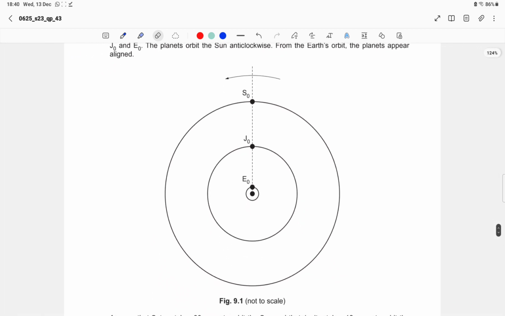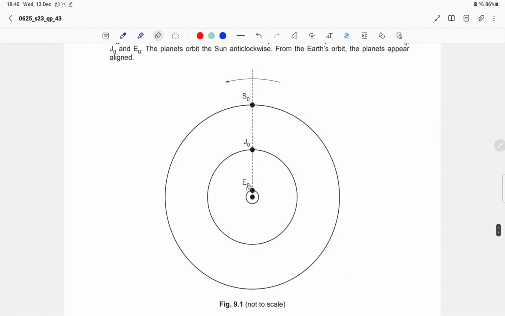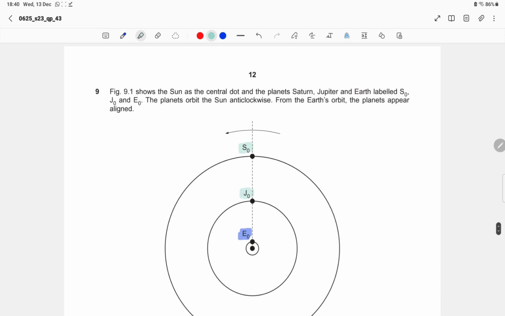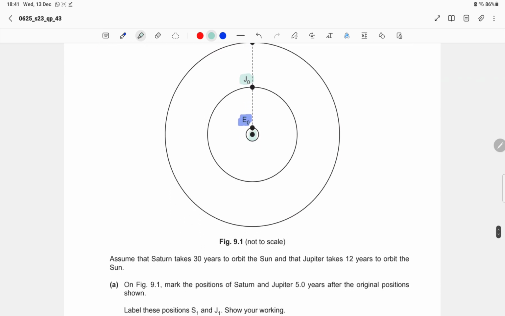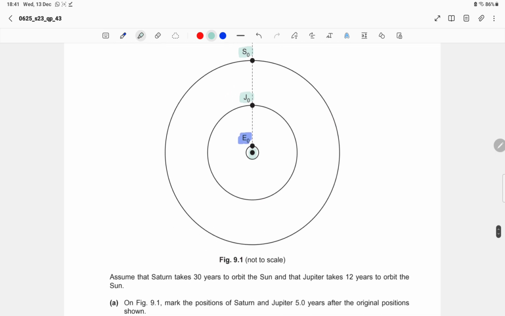This is how it is. So this is your Earth, this is your Jupiter, and this is your Saturn. The Sun is here in the middle, with Earth, Jupiter, and Saturn.